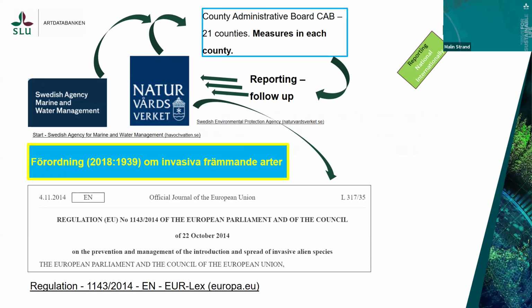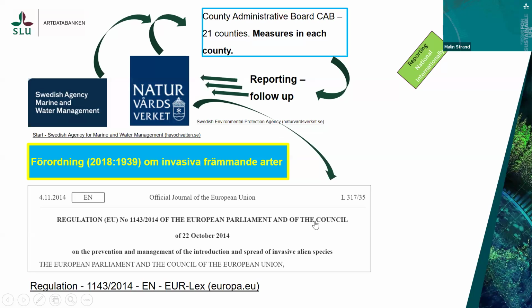And that one points out these two agencies, and they, from their responsibilities, point to these county administrative boards. We have 21 in Sweden, and they do the actual measures, and then they report. So 21 counties report back to these two agencies, and then the agencies report to the European Union again.